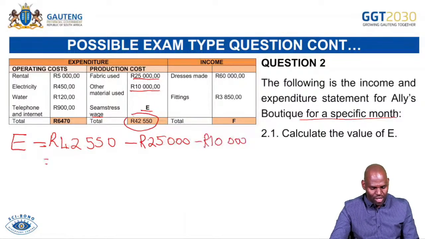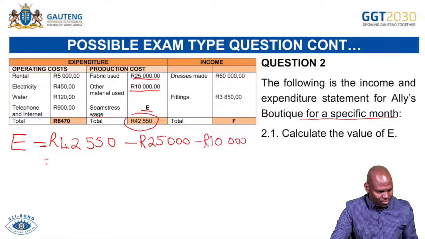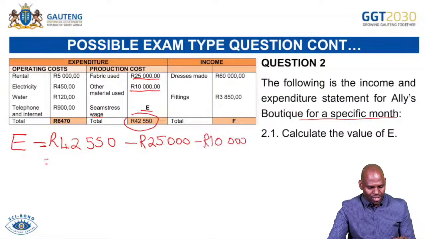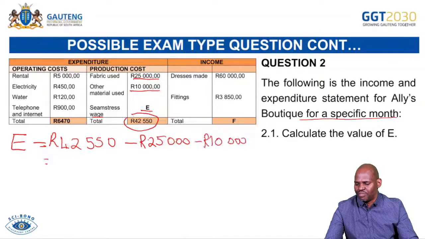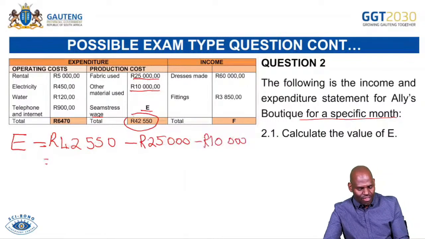It must be 42,550 minus 25,000 minus 10,000. Then I get 7,550. I just have to make sure that I've punched in the correct digits. So indeed, I'm getting 7,550.